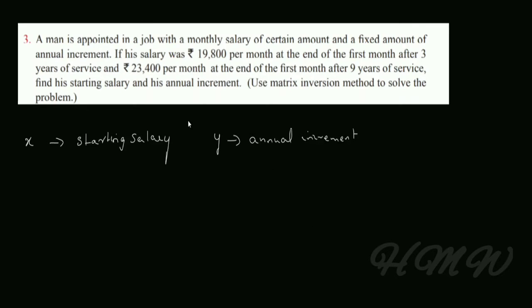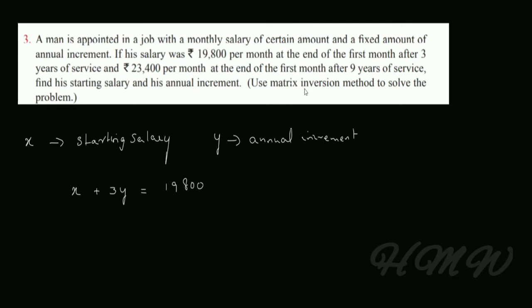His starting salary we don't know, but he received 19,800 at the end of 3 years. So the starting salary x plus the increment 3y is equal to 19,800. This is his salary after 3 years.